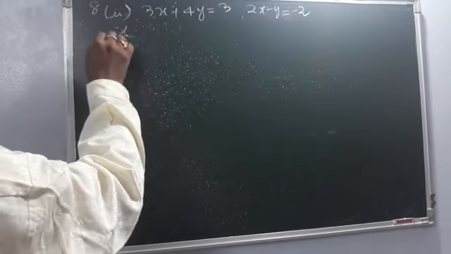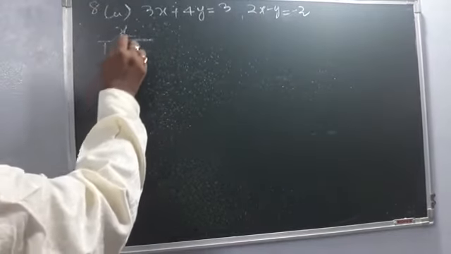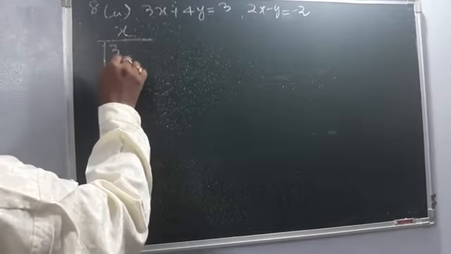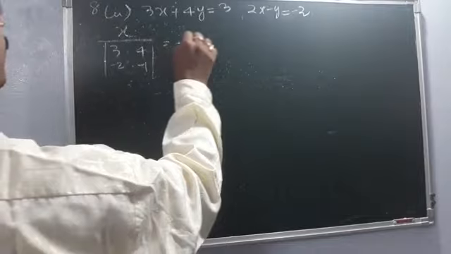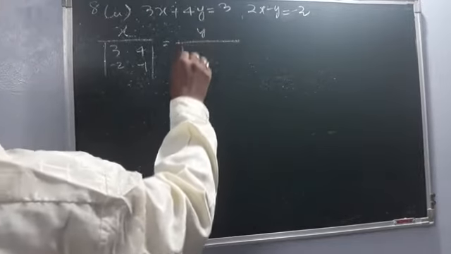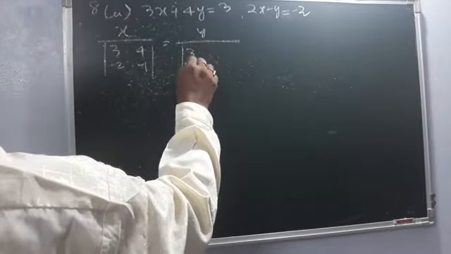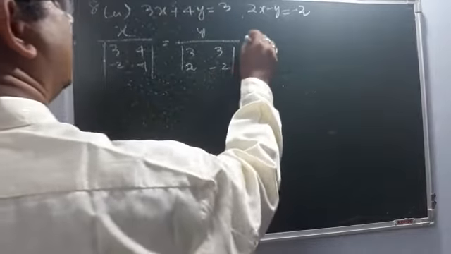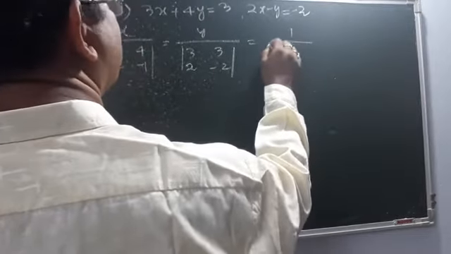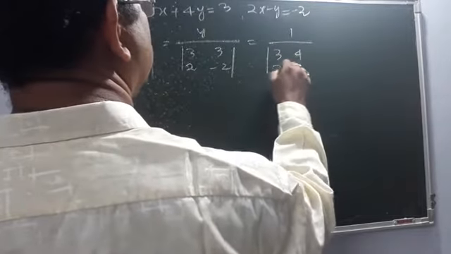That x divided by a determinant 3, minus 2, 4, minus 1. y divided by 3, 2 and 3, minus 2 and 1 divided by 3, 4, 2, minus 1.